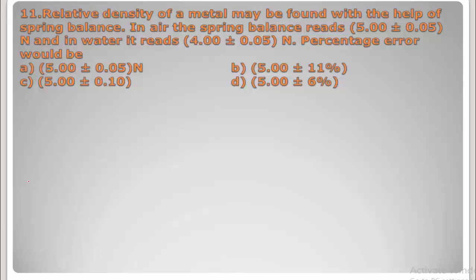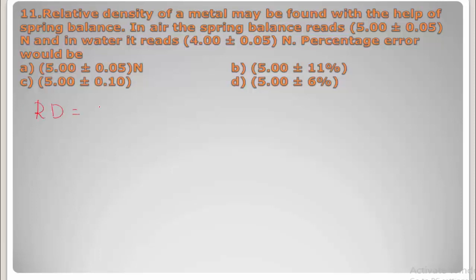Percentage error would be? So here it is given that the relative density of a metal is measured in air as well as water. Now we have to determine the percentage error.